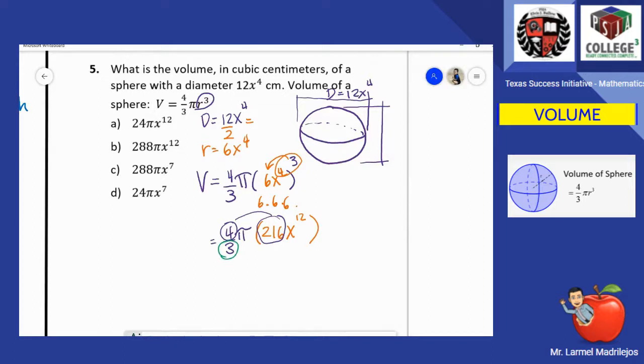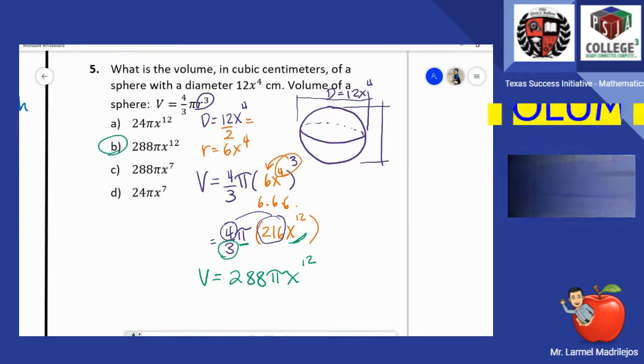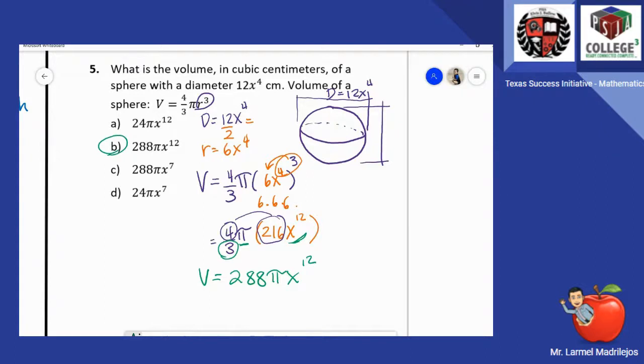That's how it works. 4 times 216 divided by 3. So my final answer is 288. Copy that. Pi. Copy this. X to the 12 power. So my answer is letter B. Thank you for listening.